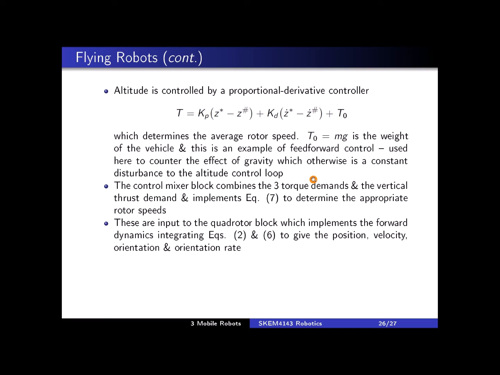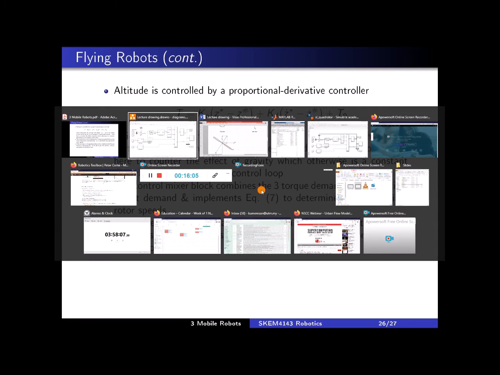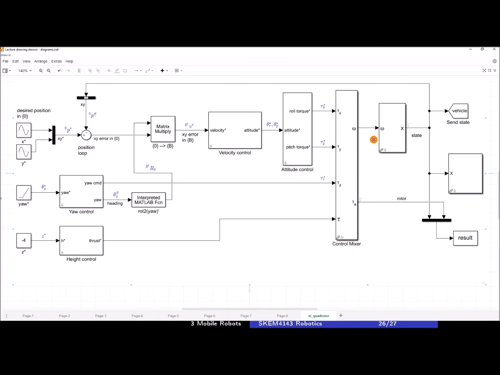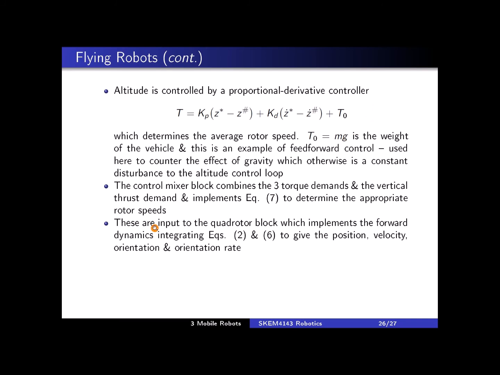And then finally, we have the control mixer. Like I said, it takes in desired torque and desired thrust and generates the required angular velocity, or the rotor speed of the quadrotor. These are the input to the quadrotor block, which implements the forward dynamics integrating equations 2 and 6 to give the position, velocity, orientation, and orientation rate.